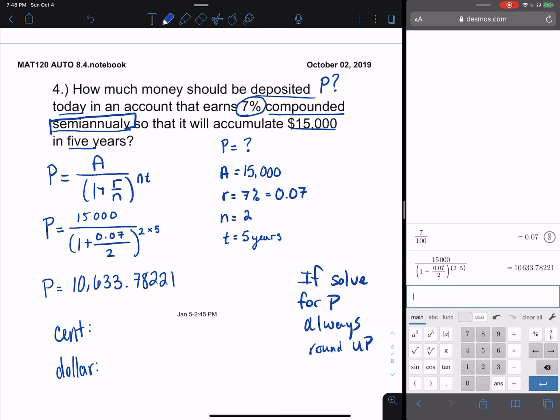So if we were rounding to the nearest cent, even though the 2 would normally tell us to leave that 8 alone, because we're solving for principal, we would have to bump it up to $10,633.79. If we were rounding to the nearest dollar, we'd bump up because we're solving for principal, but also because the 7 tells us to round up. So we'd have $10,634.